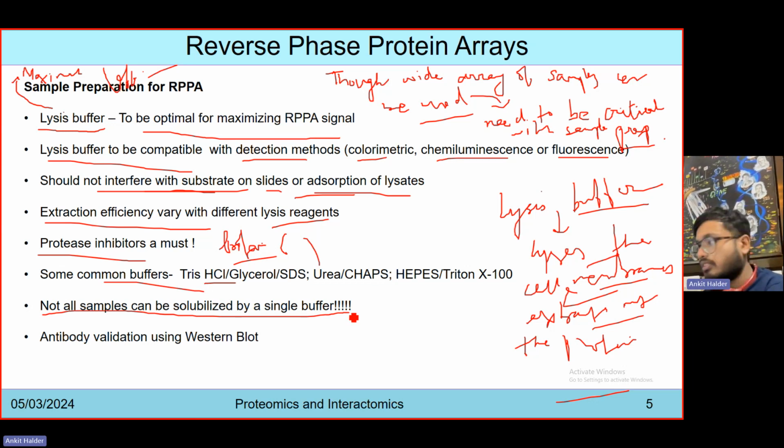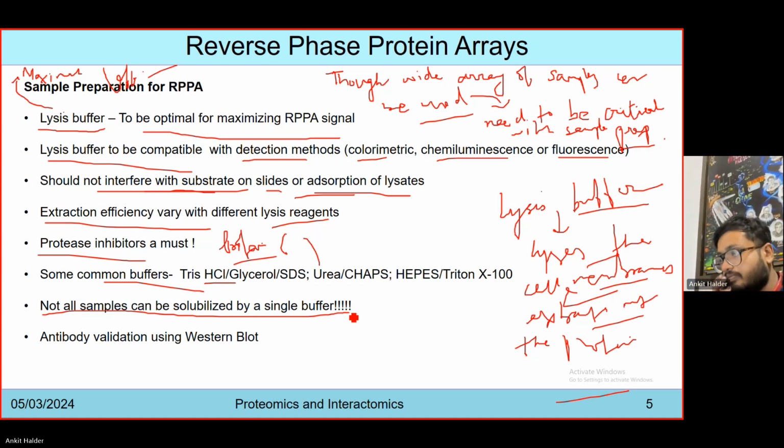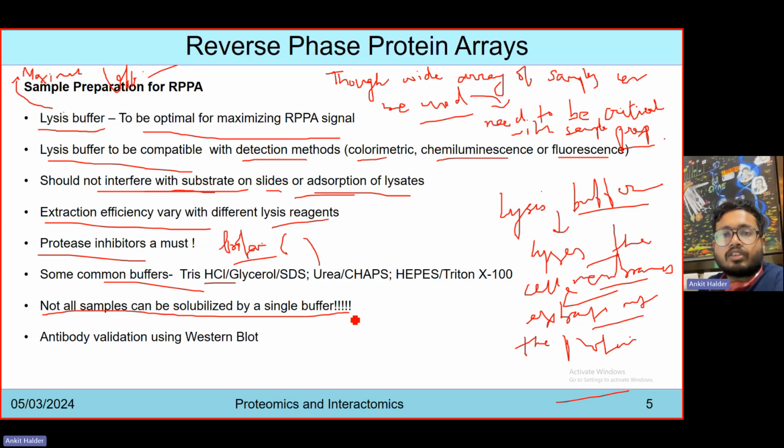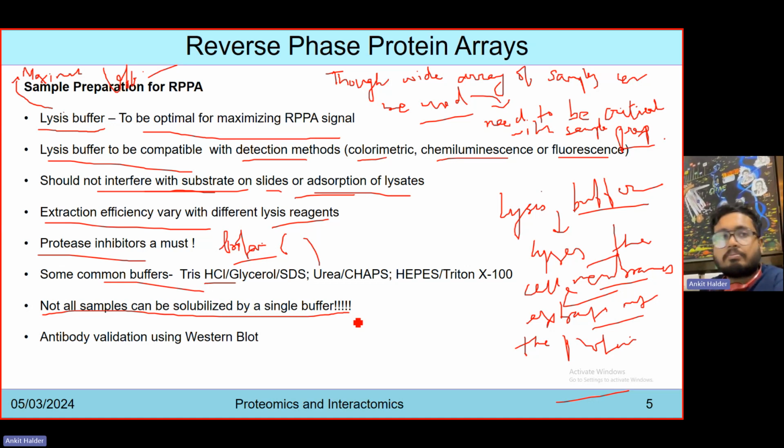This is a very important thing to be considered, because otherwise what will happen is that we would try to solubilize all the samples using a single buffer and it will not work very well or effectively. So that's why we need to have different reagents and different buffers, so that we can measure and optimize for our sample type and our sample preparation.